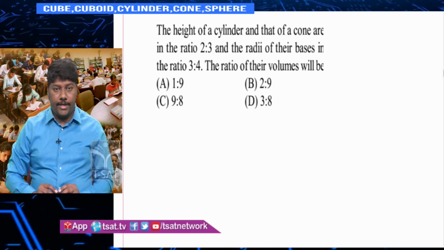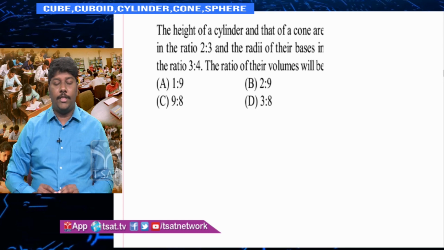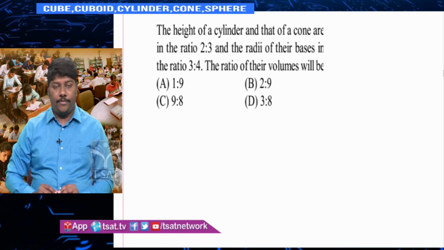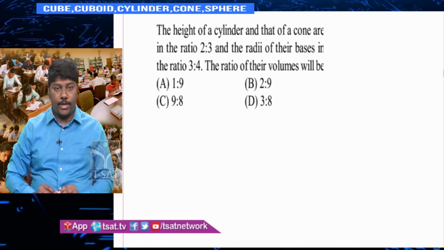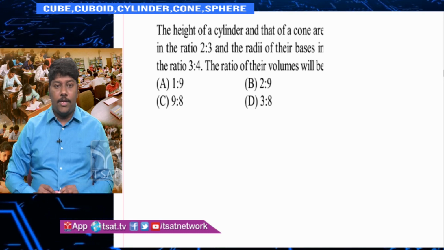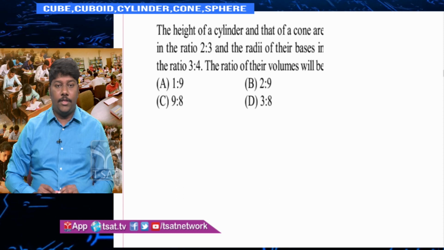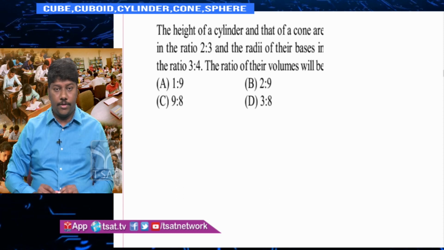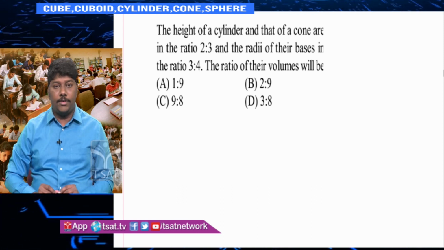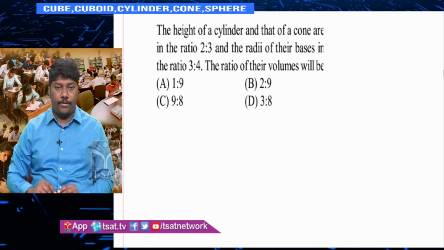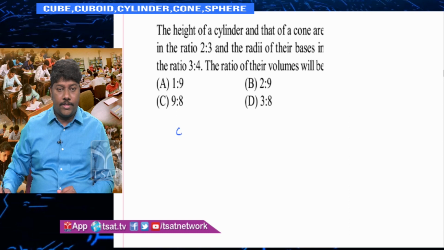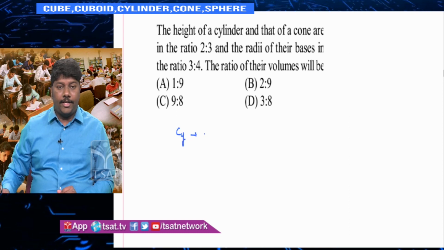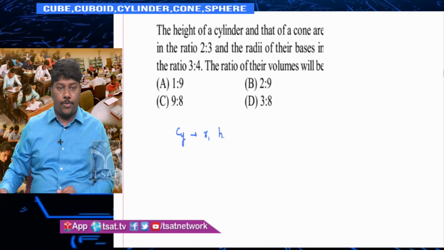Now look at the next one. The height of the cylinder and that of a cone are in the ratio 2:3. So you have been given both a cylinder and a cone. The heights are in the ratio 2:3 and the radii of their bases are in the ratio 3:4. So the ratio of their volumes will be, first they have given cylinder, then cone. Let the cylinder radius be r1, height be h1.